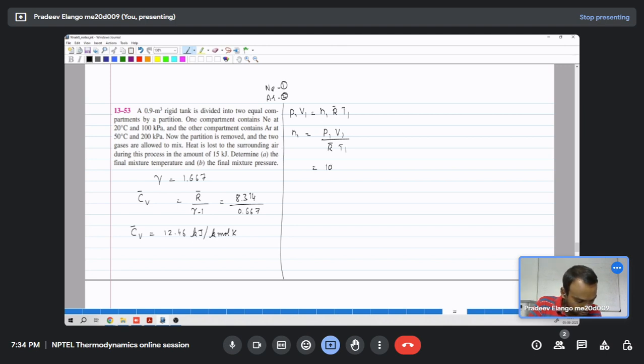Pressure is 100 kilopascal into volume 0.45 divided by R bar, 8.314, into T1, which is 20 degrees Celsius, that is 293 Kelvin. This is 0.0125 kilomoles.